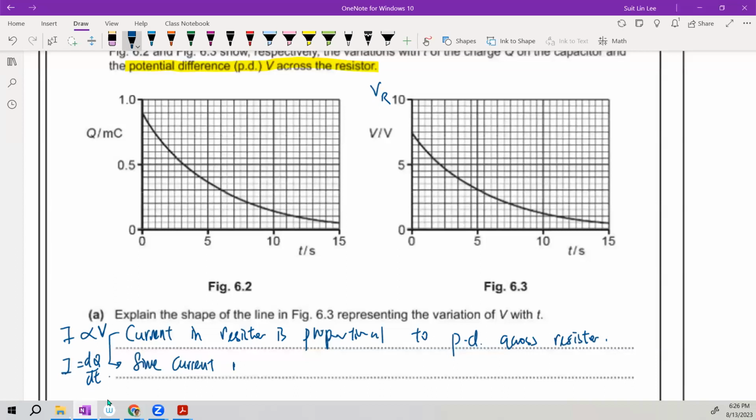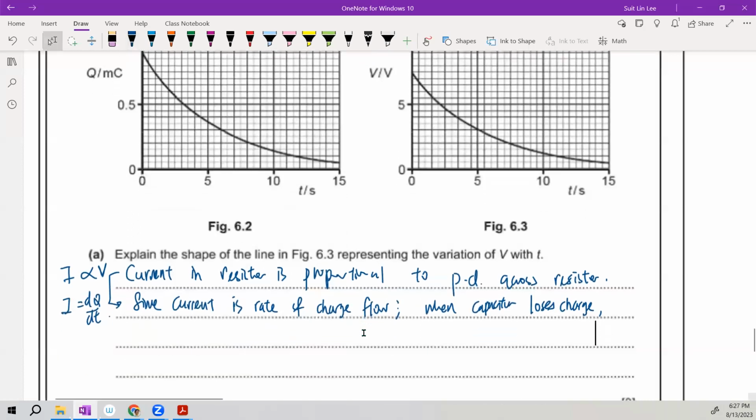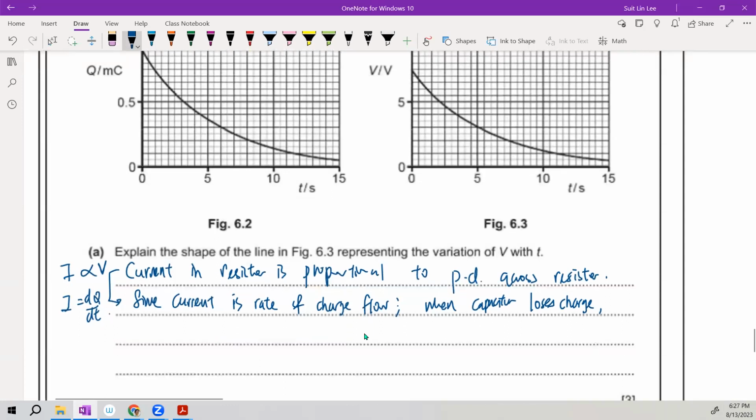Since current is also the rate of charge flow, during the discharge process or when the capacitor loses charge, due to current flow, the IT graph and QT graph are similar.